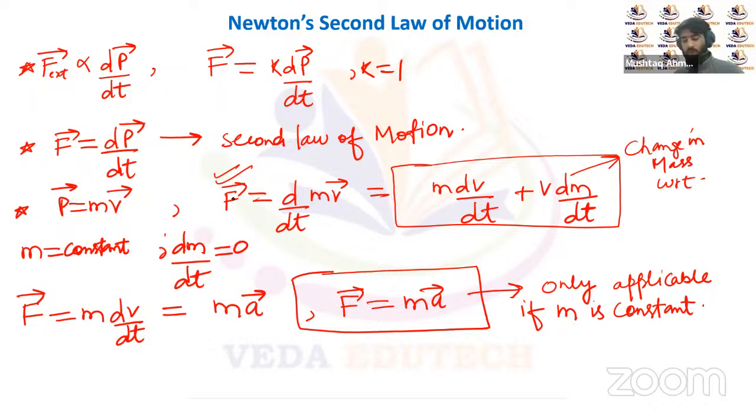So this equation can only be used to calculate the acceleration of a body if the mass of the body is constant. F is equal to ma, right?